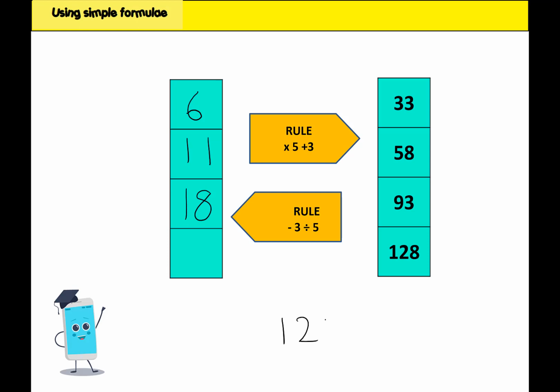I'm going to use the written method again. 5 into 1 doesn't go. 5 into 12 goes twice with a remainder of 2. 5 into 25 goes 5. So my answer is 25. And again, you can check those work by taking the 18 and the 25, multiplying by 5 and adding 3, just to check that it's correct.